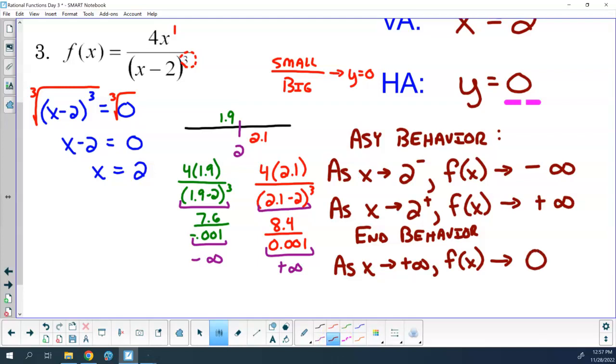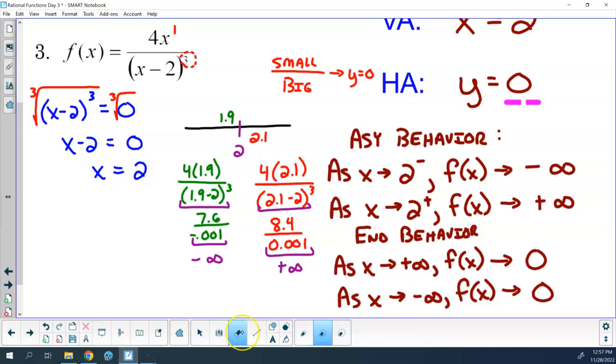In this case, it's 0, so it's going to go to 0. As x approaches negative infinity, our function can go to 0. We just have to figure out above or below.